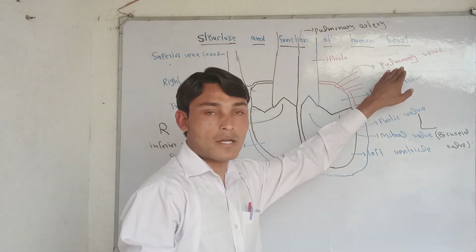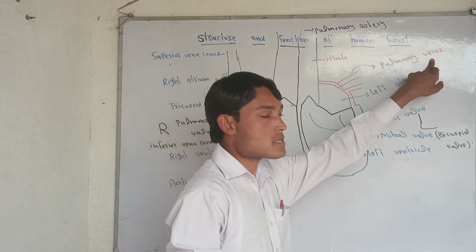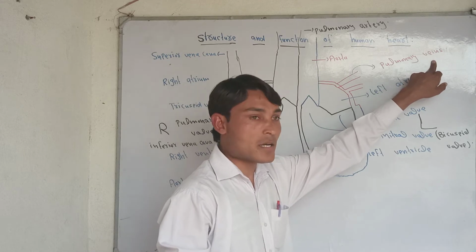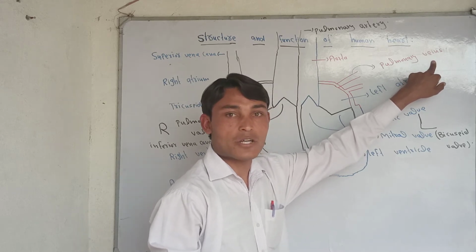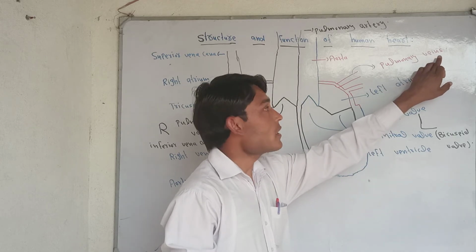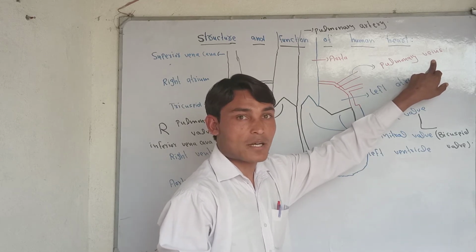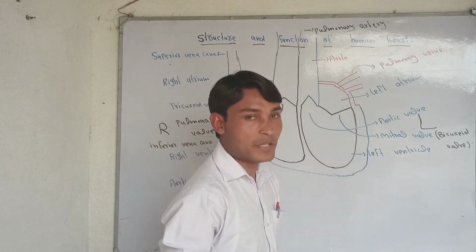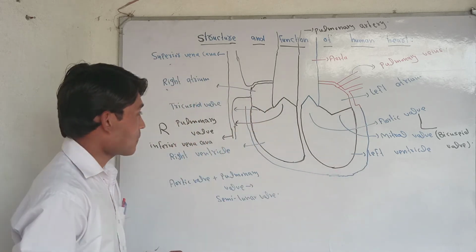Pulmonary means lungs, and here it is an exception. The function of a vein is that it collects deoxygenated blood from the body and carries it toward the heart. But here it carries oxygenated blood from the lungs and pours it into the left atrium. We will discuss the complete circulation of human blood later on.